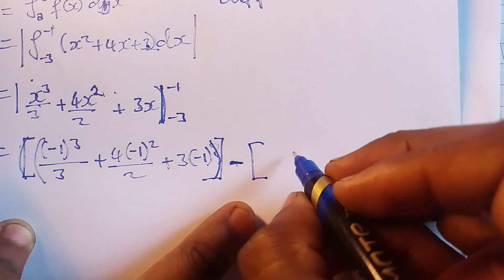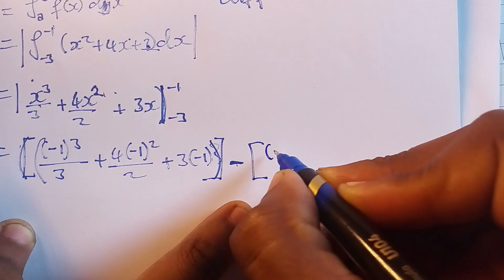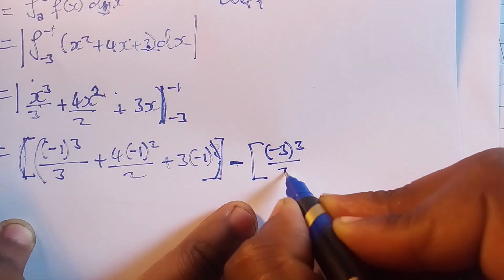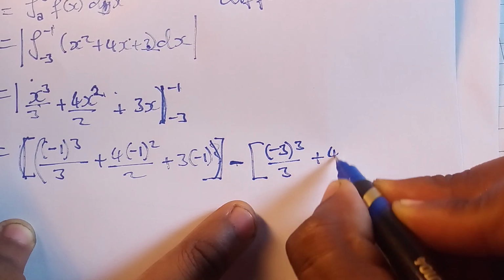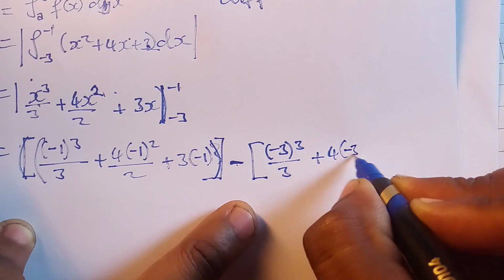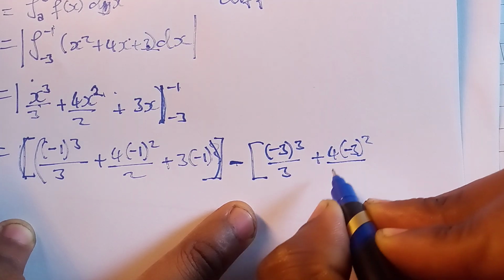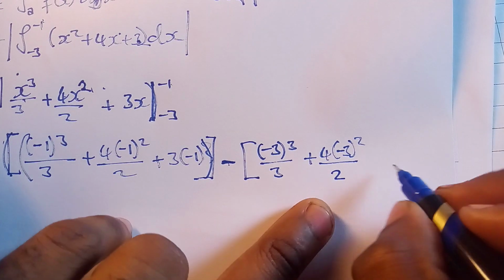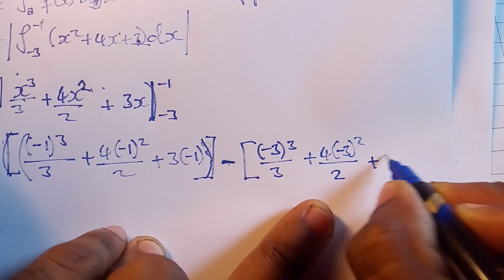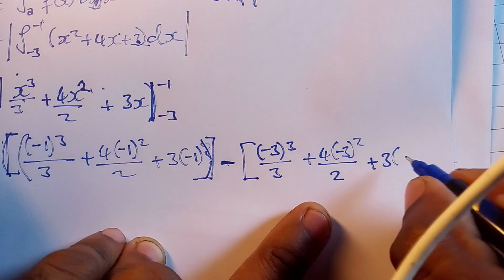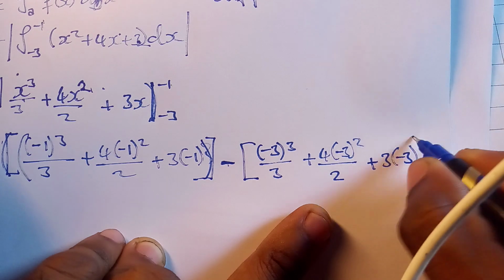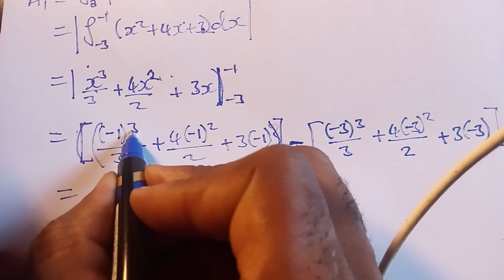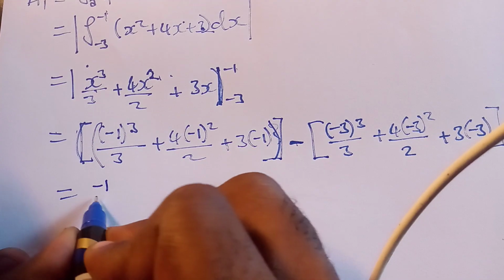Okay, so where you have an x, you can do this, plus 4 times -3 squared over 2. Actually, this should have been a 2. We should have simplified this earlier, but it's okay. And then you have this: -1 to the power 3 is still -1.